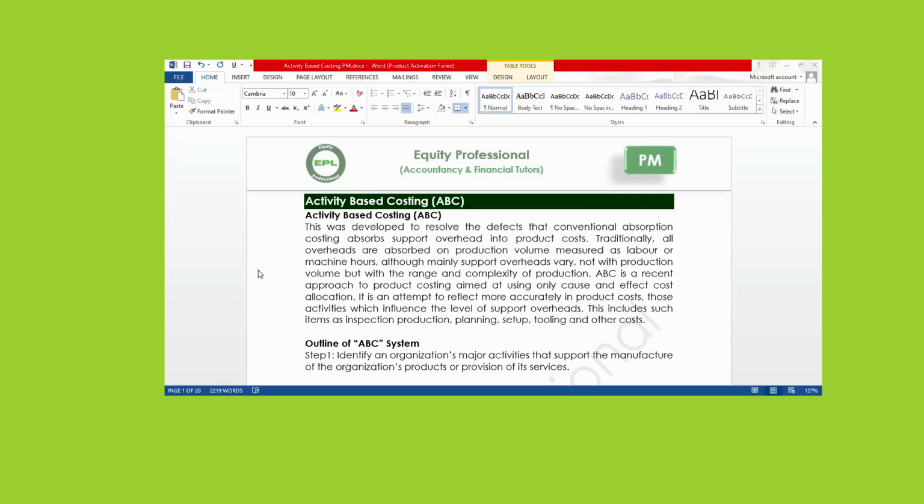Different activities have contributed to the overhead cost. It will be wrong to use a single activity, labor hour, to account for overhead cost.